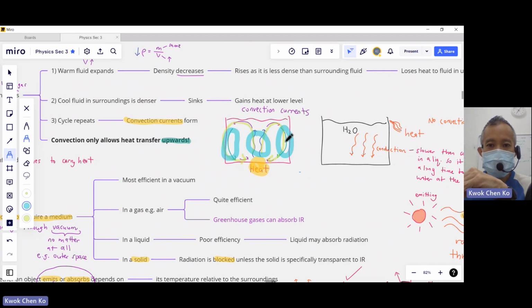As it sinks downwards, it replaces your original fluid and then it gains heat when it's near the heat source.